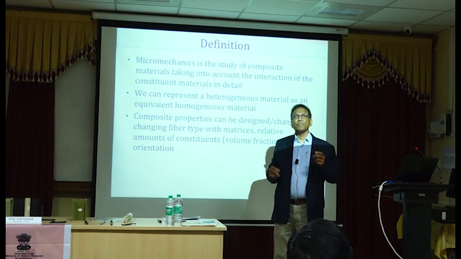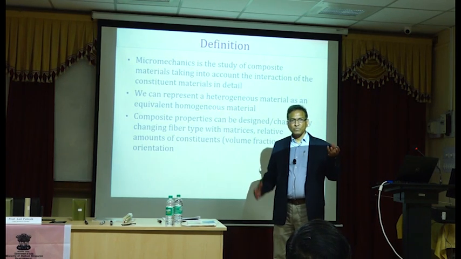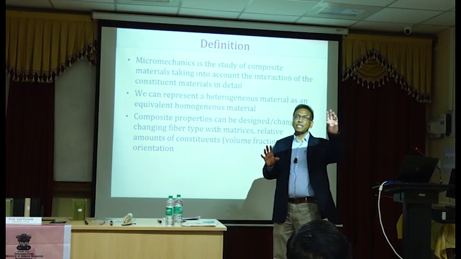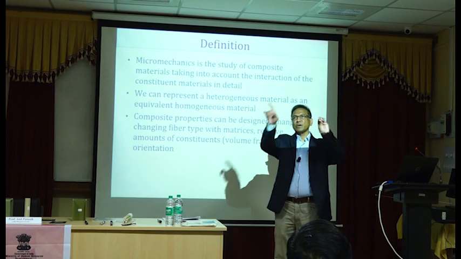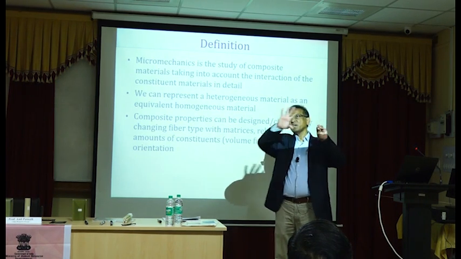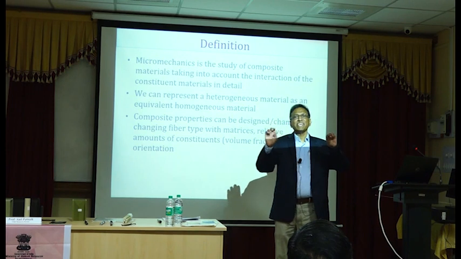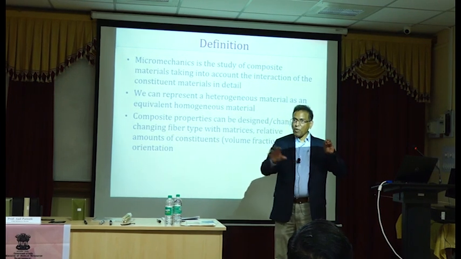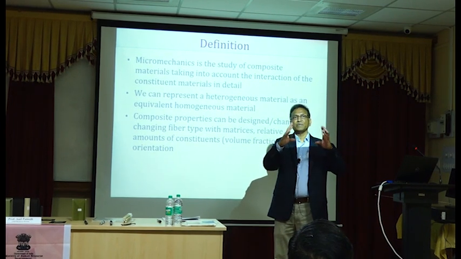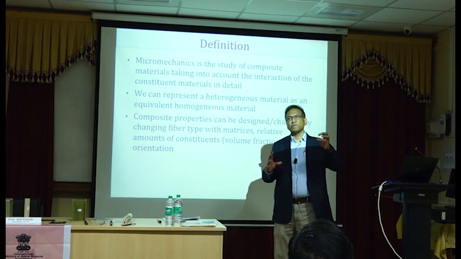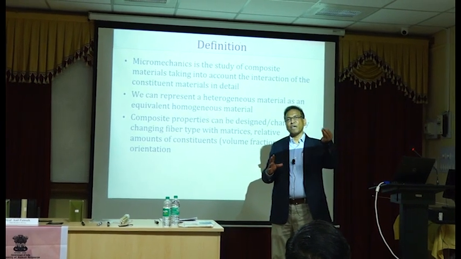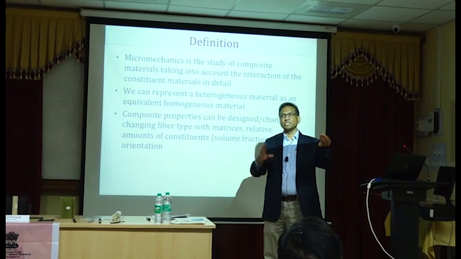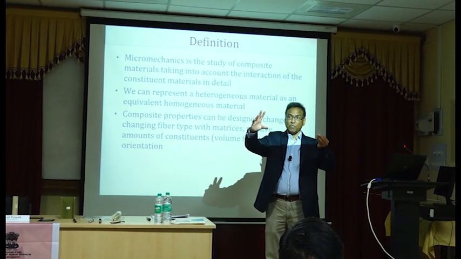Anyway, if you are just using 5% by volume, imagine only 5% of the total volume is fiber, 95% is matrix. Therefore, the property of the combined system will represent only 5% of fiber properties and 95% of matrix properties.